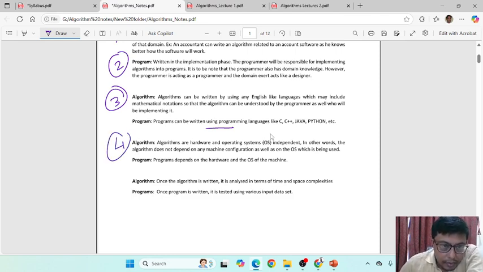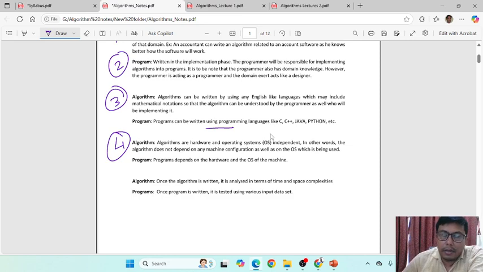Then the fourth point: algorithms are written in English-like language, and they are hardware and operating system independent. While writing an algorithm, you do not have to depend on the hardware or the operating system on which you are writing it.